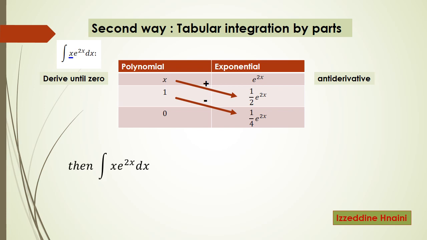Then the antiderivative of x e^x equals x times 1/2 e^x, which is x/2 e^x, and we put plus before it. Multiply 1 by 1/4 e^x, and put minus before it. We get minus 1/4 e^x + c. Okay.